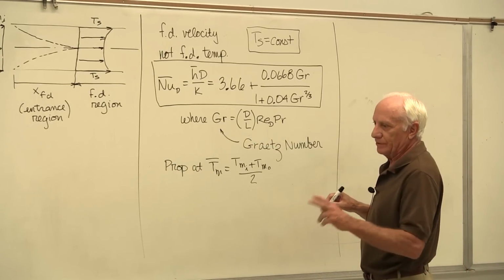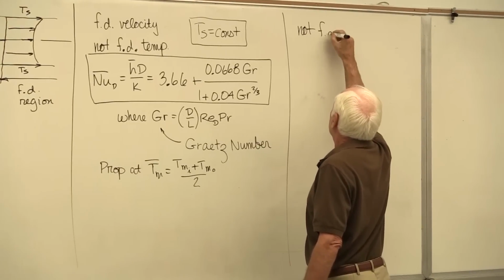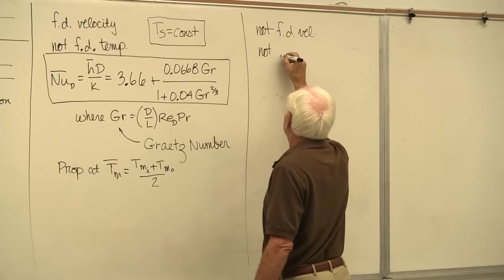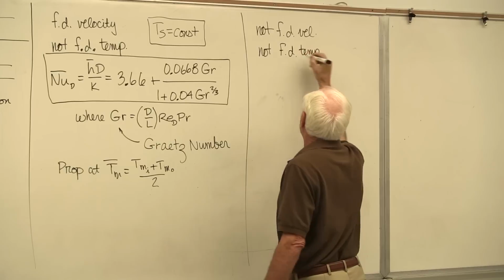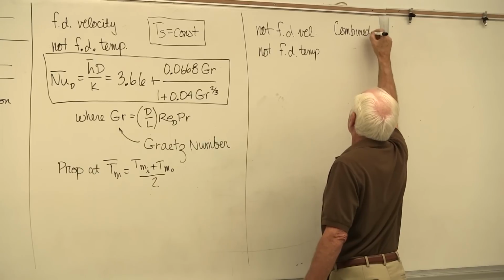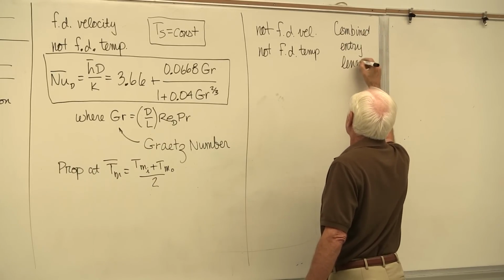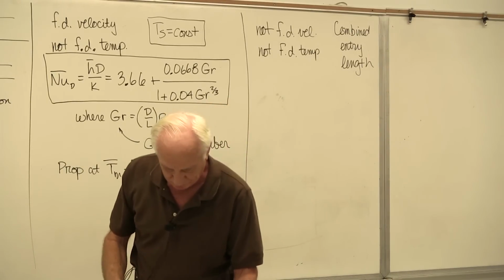Okay, third case, not fully developed velocity, not fully developed temperature. That's officially called the combined entry length equations.